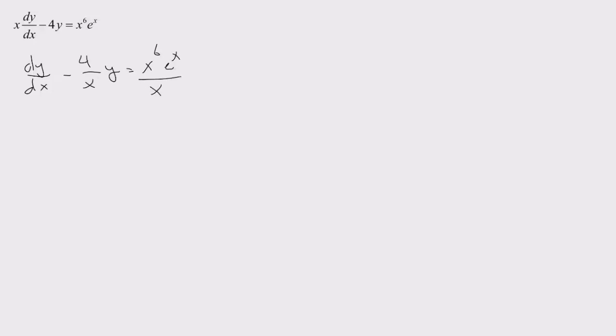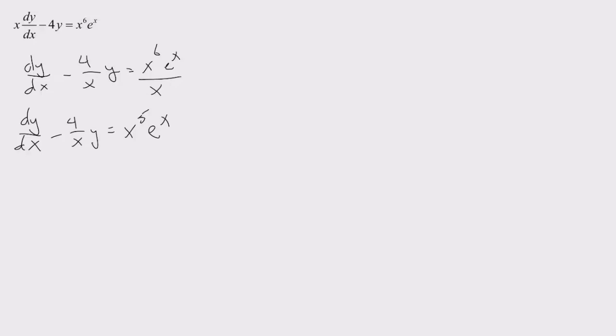And that actually simplifies down a little bit. So dy dx minus 4 over x y equals x to the 5th e to the x, and there we go.